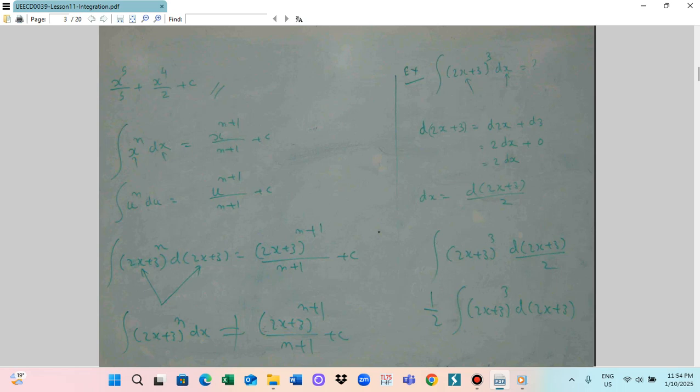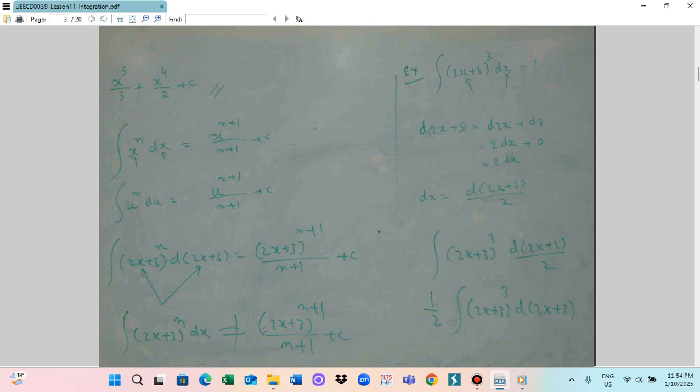Integration of 2x plus 3 power 3 dx. So we want to integrate. In this case, the important thing is that this is 2x plus 3, so this d must also be 2x plus 3. If here we only have dx, we need to go back to 2x plus 3.